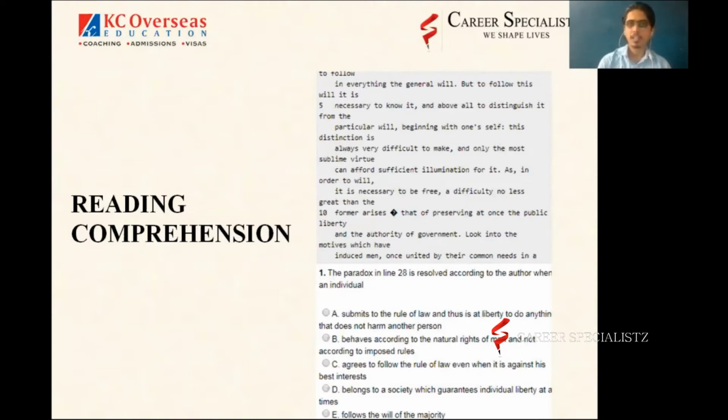One is a single select question, wherein you will have 5 options and you will have to select one correct answer choice out of those 5. The other type is a multi-select question, wherein you will have 3 different options, and out of those 3 options you can select a single option, 2 options, or all 3 options based on your understanding of the reading passage.